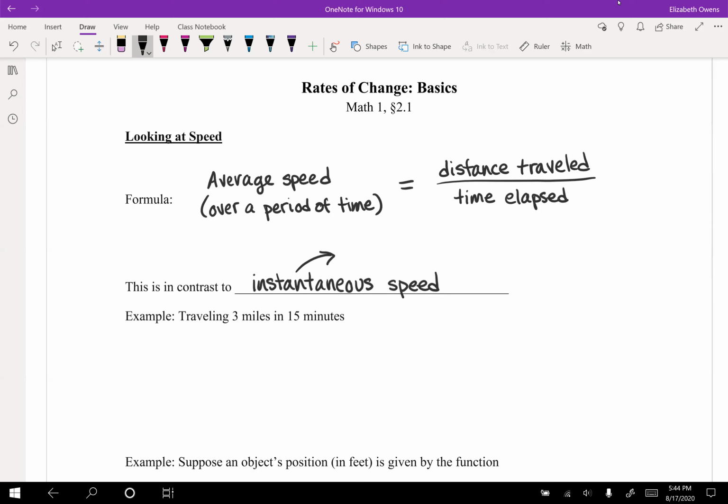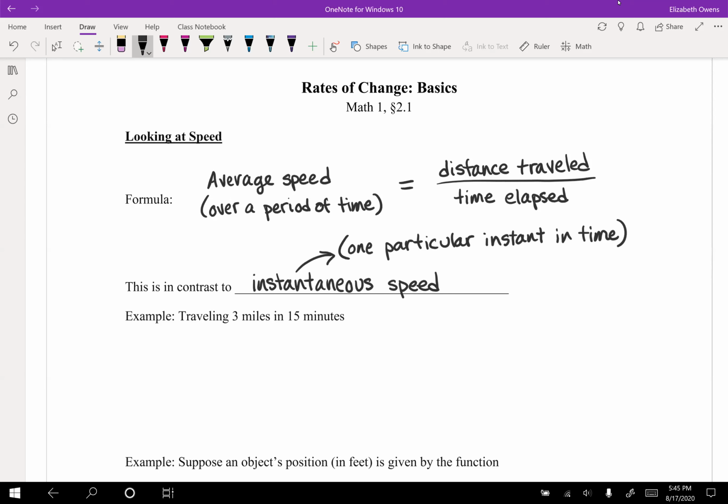Instantaneous speed is just at one particular instant in time. So while average looks over a larger period, instantaneous is like right now, one particular instant.